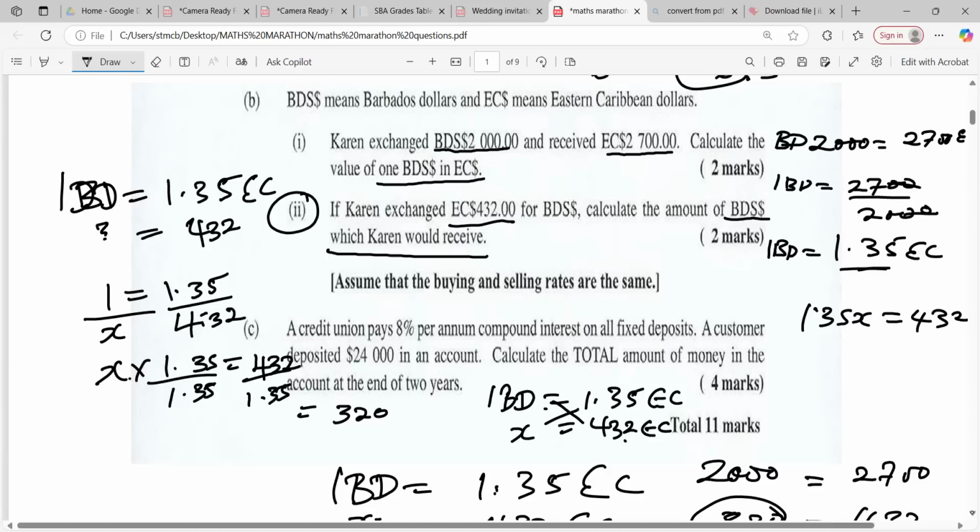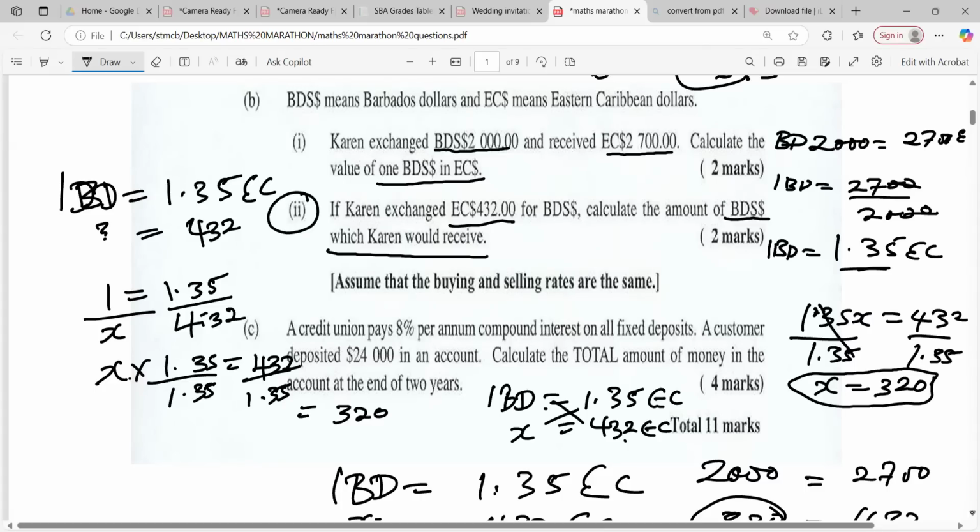For the final step, we want x by itself. Because this is times, we do the opposite of times, which is divide. So we divide by 1.35. These are very popular in CXC, guys, so I would want everyone to master this tonight. The reasoning.